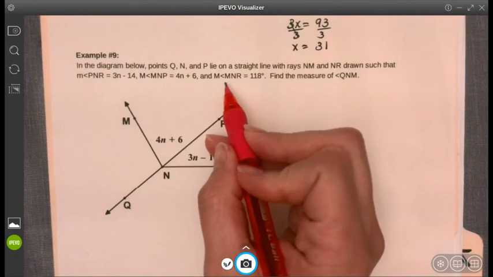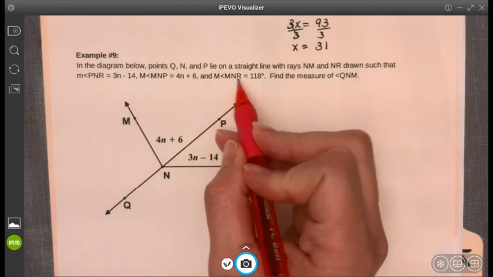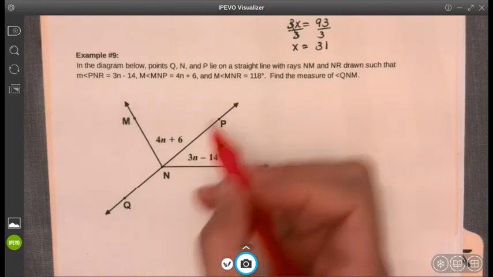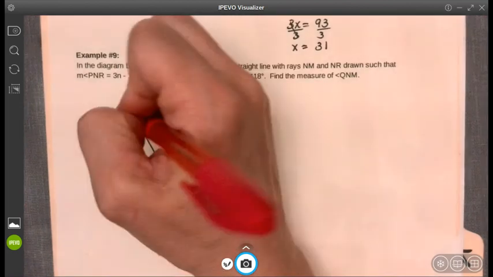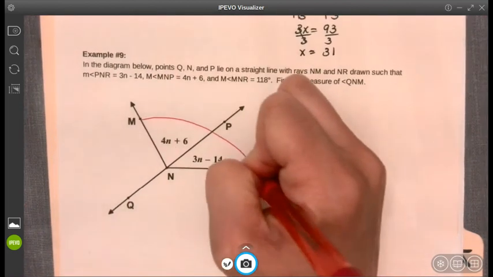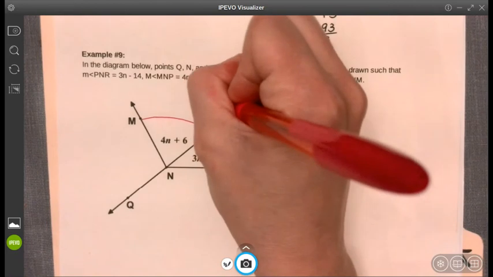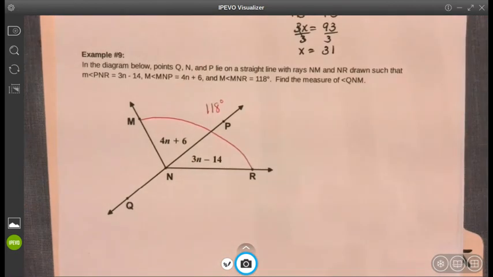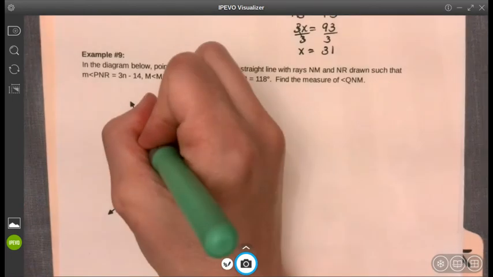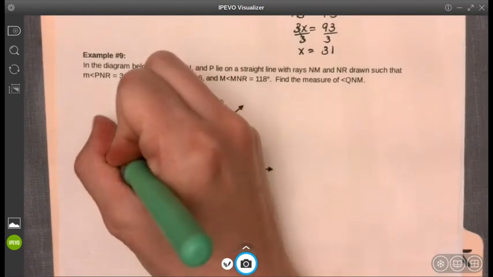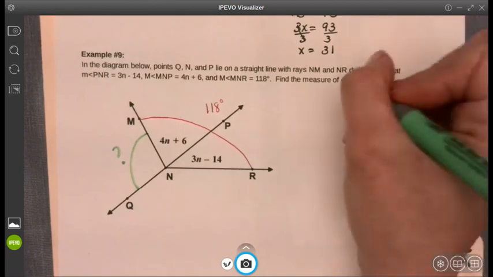And then they're also telling us that the measure of angle MNR, so all of that, is 118 degrees. Find the measure of QNM. So they're asking us to find this one. That's what we don't know.